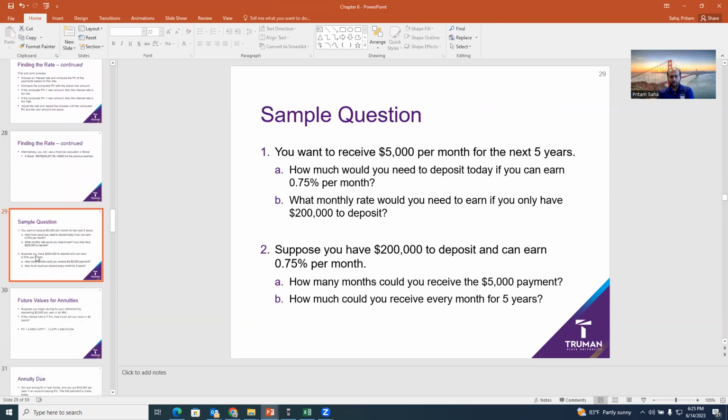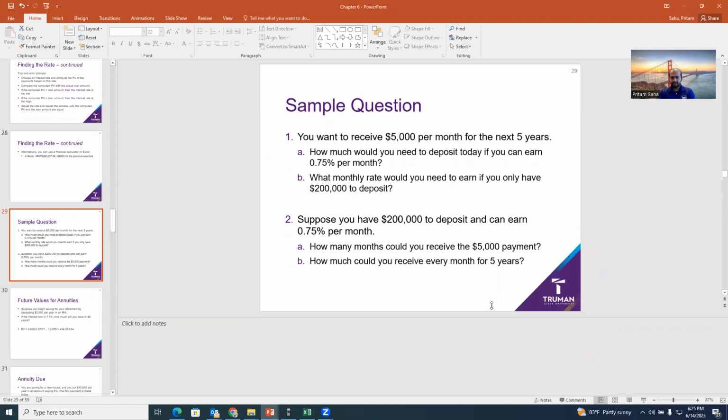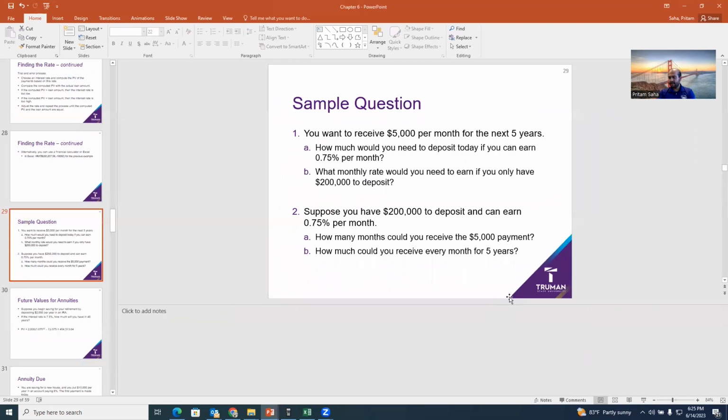Now let's briefly go over these problems. I think these are pretty easy. Now I'm giving you the answer. I should say, do it by yourself. If you struggle, feel free to let me know. For question 1, it's asking how much you would need to deposit today.